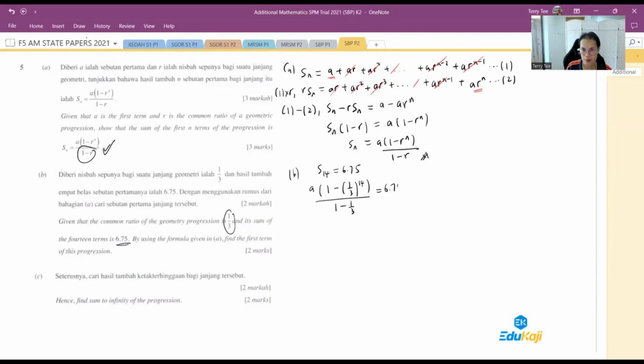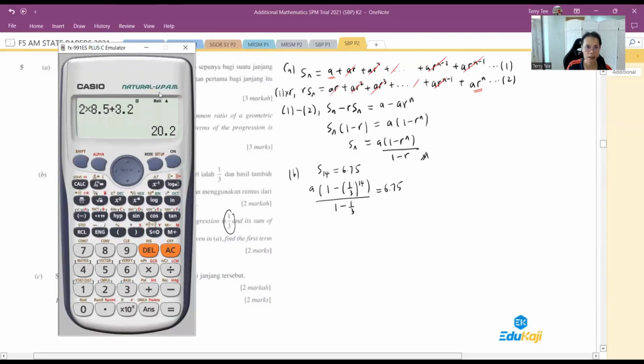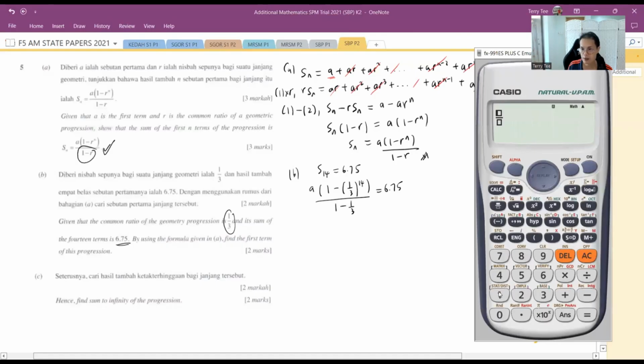The result is 6.75. Okay, now let's use our calculator. This is bracket 1 minus 1/3 power 14, divide by 1 minus 1/3.